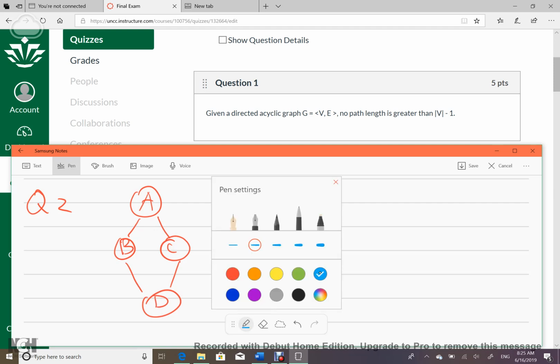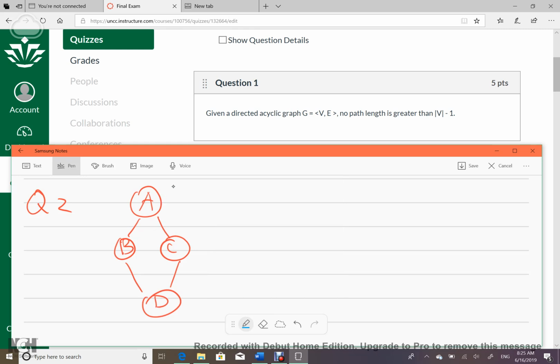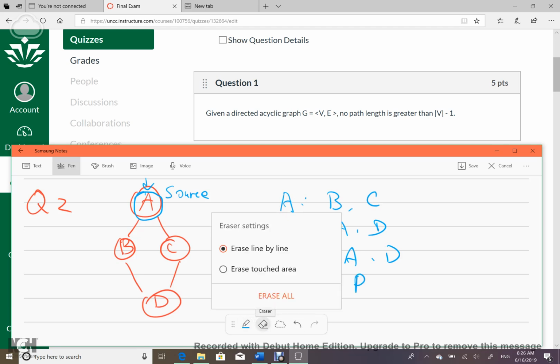Let's use a different color. For example, let's say S is the source node, and we start from here based on the adjacency list. A is connected with B, C. B is connected with A, D. C is connected with A, D. D is connected with A, C.